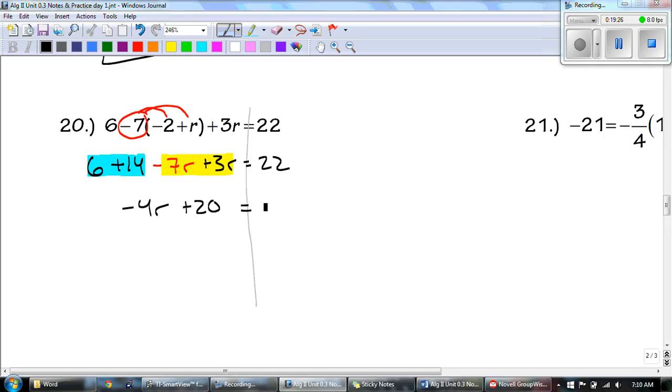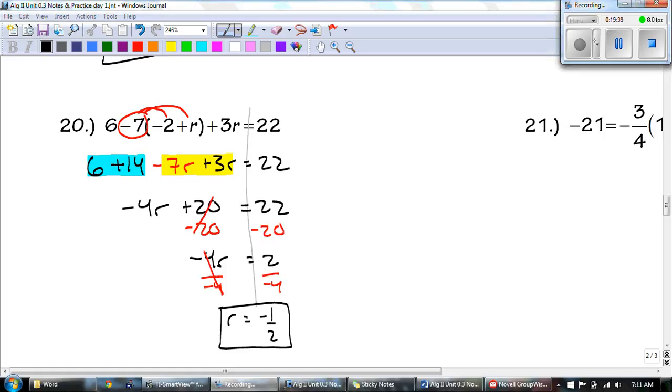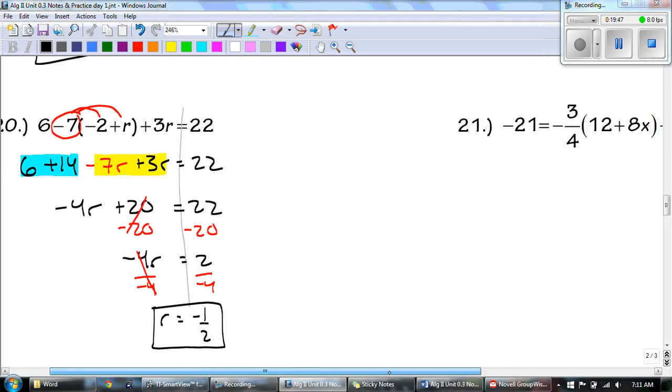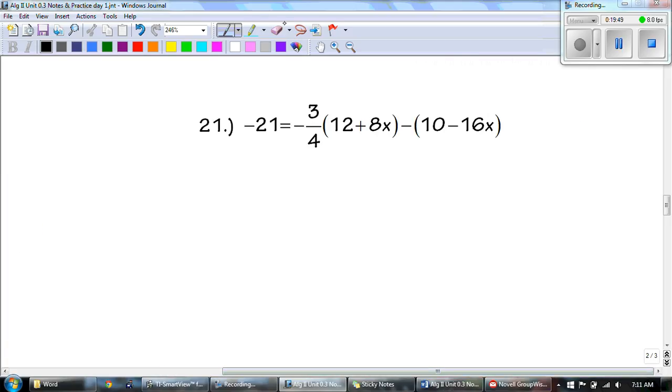Plus 20 equals 22, and you guys are on your own. Good luck. Hopefully you're pausing the video. Okay, and when you're all done, you should get -1/2. Okay, remember to reduce that fraction and don't forget about the negatives.